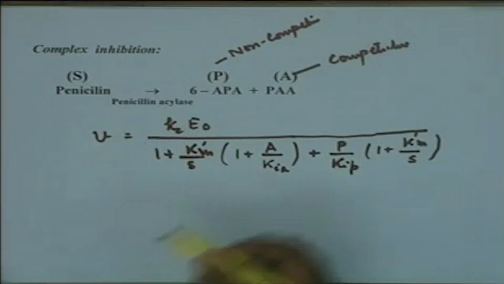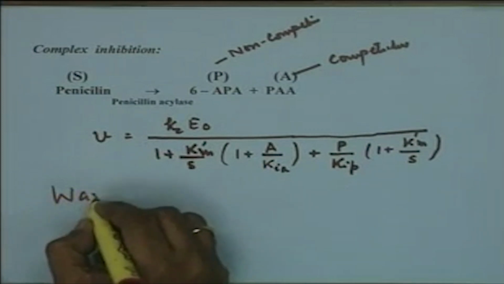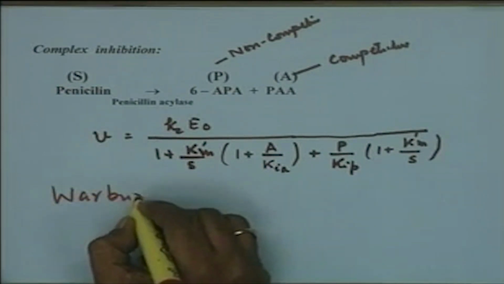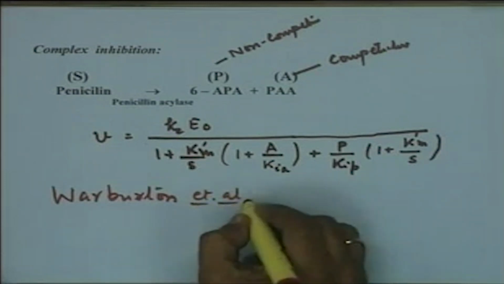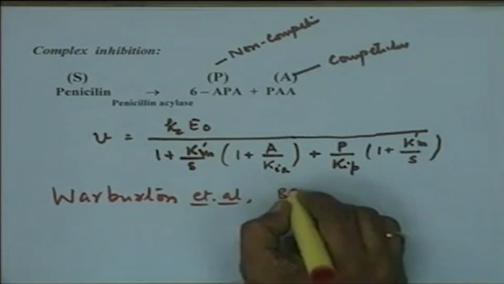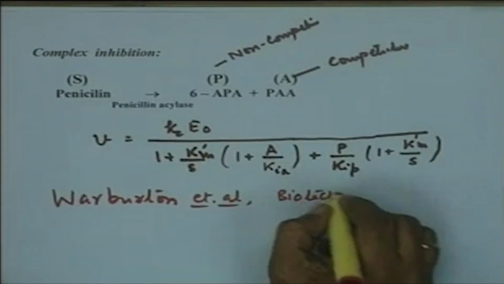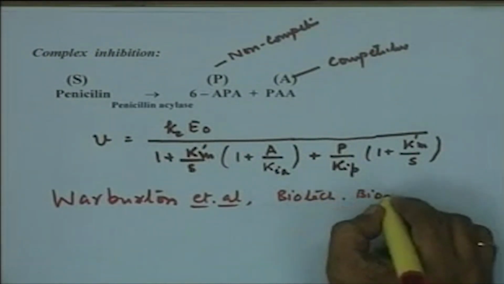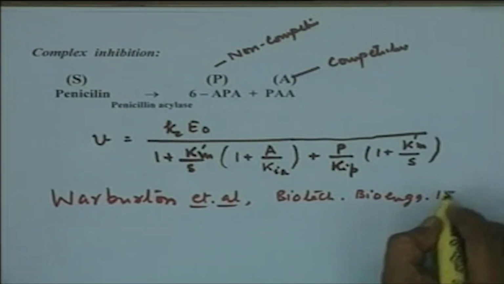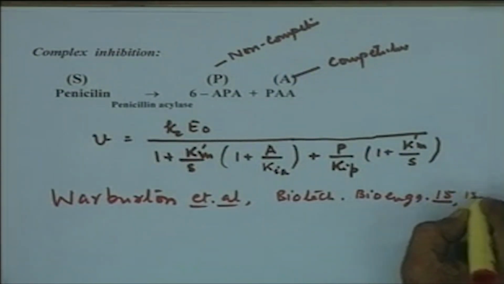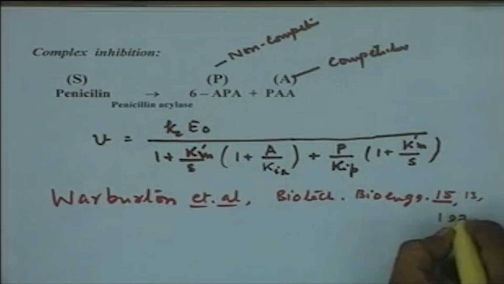The case of penicillin acylase has been analyzed in a detailed manner, and the reactor performance compared, by Warburton and associates in Biotechnology and Bioengineering, volume 15, page 13, 1973.